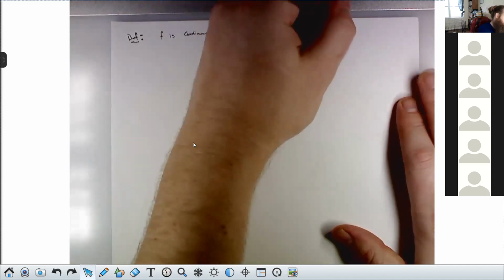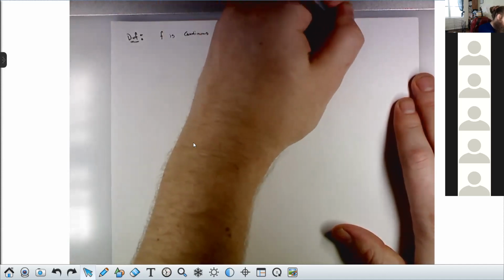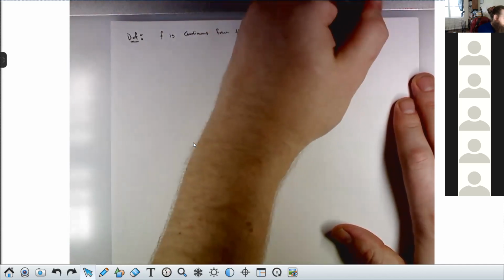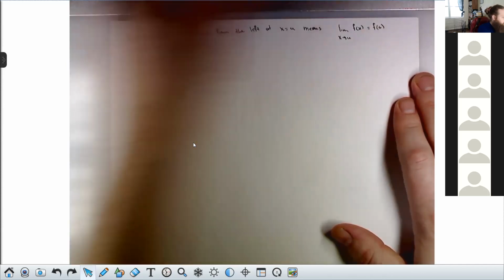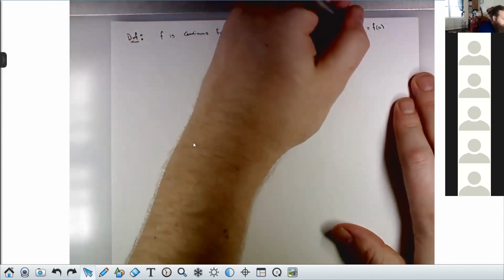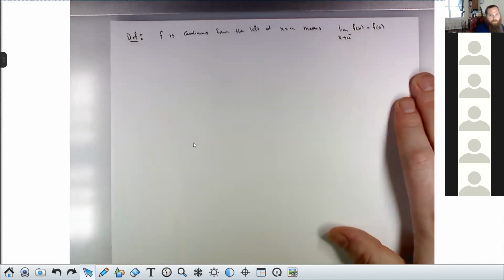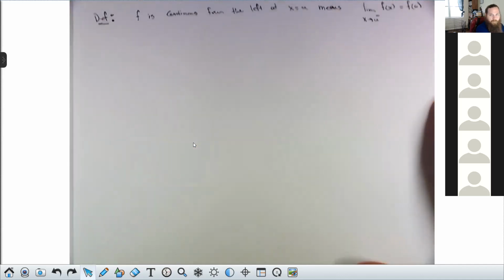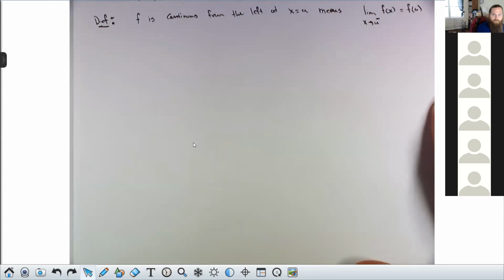Normal continuity would say the limit as x approaches a of f of x equals f of a. Left continuity just replaces that limit with a left limit. So to say f is continuous from the left, or left continuous, means that the limit as x approaches a from the left is equal to f of a.